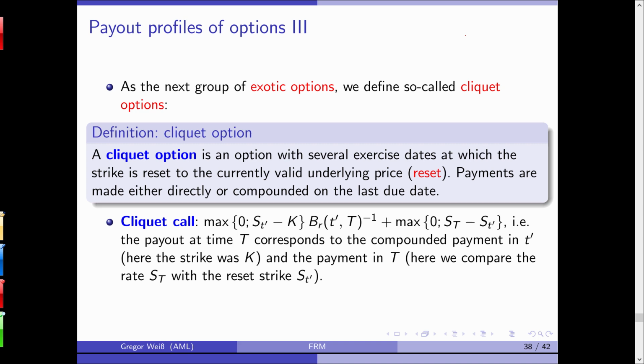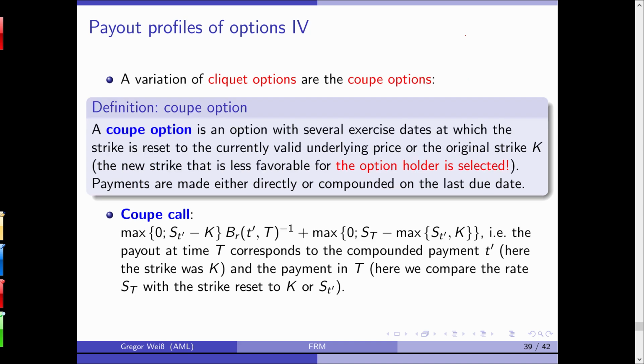And this is another exotic option. A cube option is an option with several exercise dates at which the strike is reset to the currently valid underlying price. That's the same as with the click-it option, but the original strike K and the new strike are compared, and the one that is less favorable for the option buyer is selected, meaning that the click-it option is always better than the cube option when it comes to payout profile, because it's virtually the same.